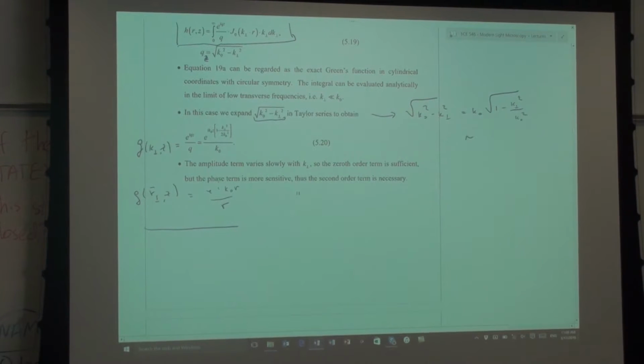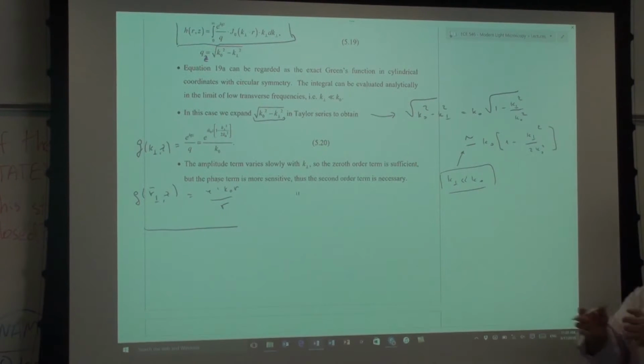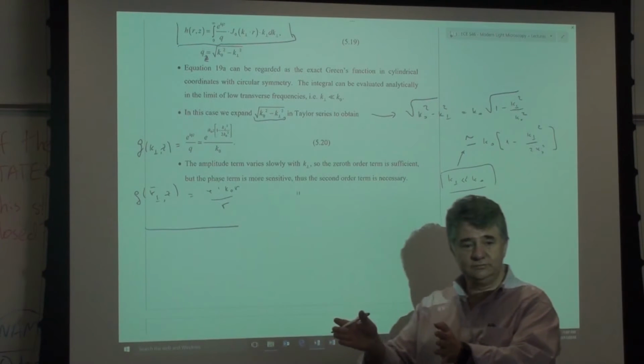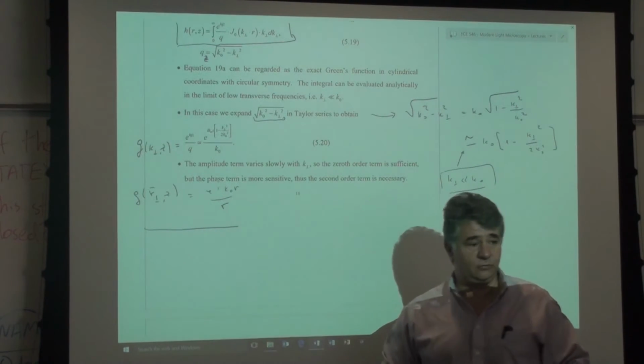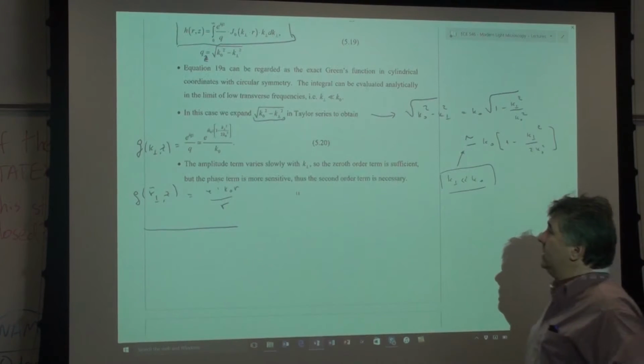Now this is approximately equal to k naught times 1 minus k perpendicular squared over 2k naught squared. The approximation applies whenever k perpendicular is much smaller than k naught. This is exactly what you told me last time that the beam means: that the spread in k perpendicular is small with respect to k naught.